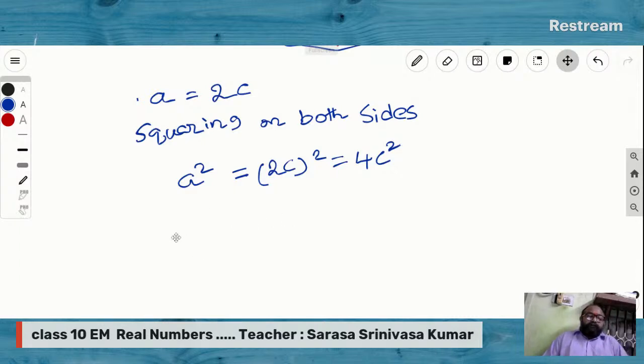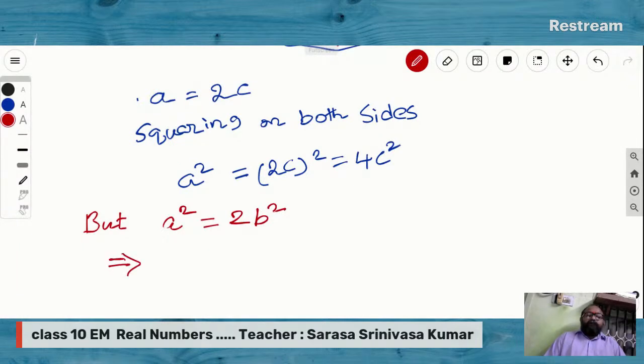But we know that A square equal to 2B square. That implies in place of A square I can write 4C square. 4C square equal to 2B square.